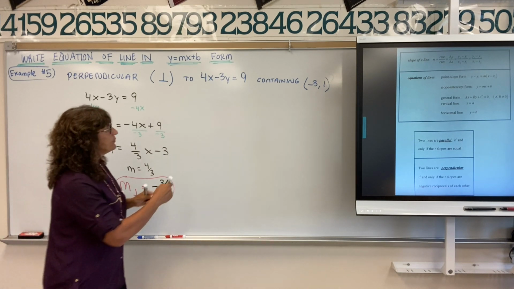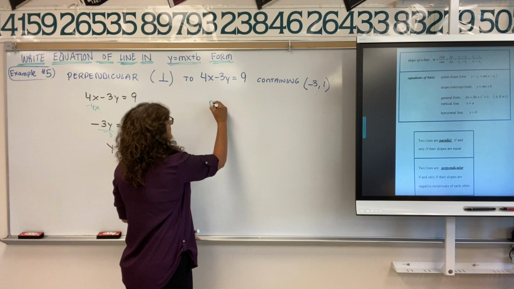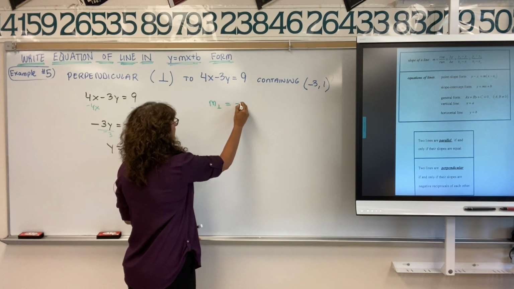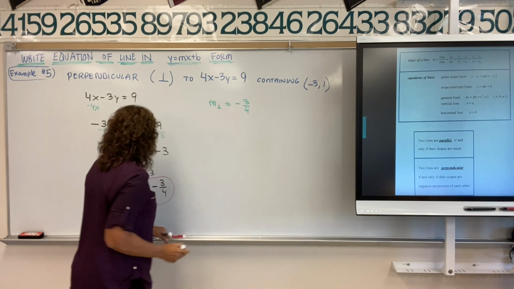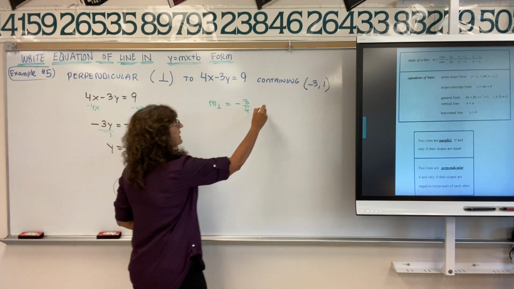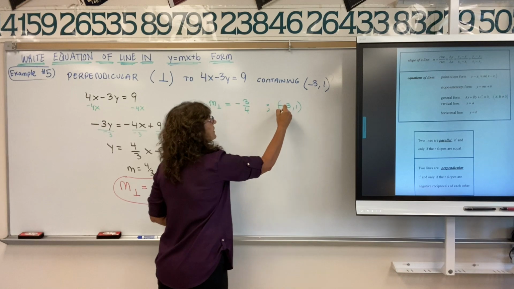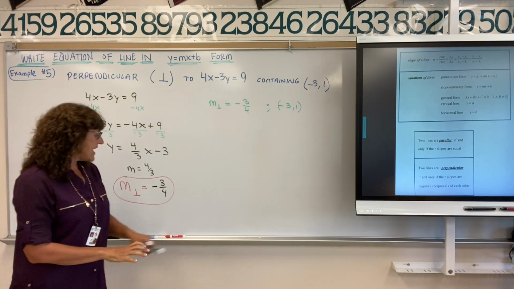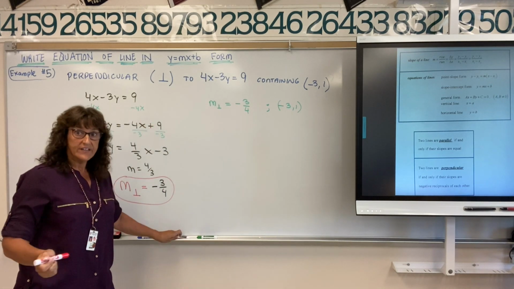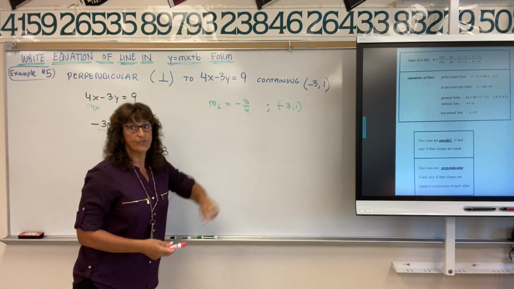So the slope that we need, the slope of the perpendicular, is -3/4. The point we're using is (-3, 1). And we want to write the equation of the line with this slope passing through that point.